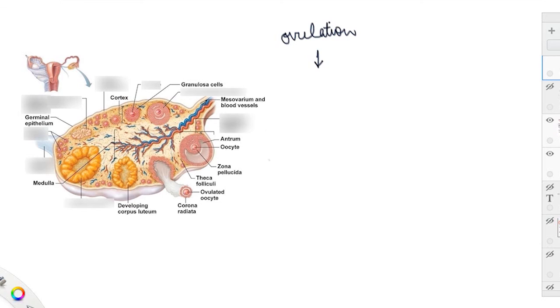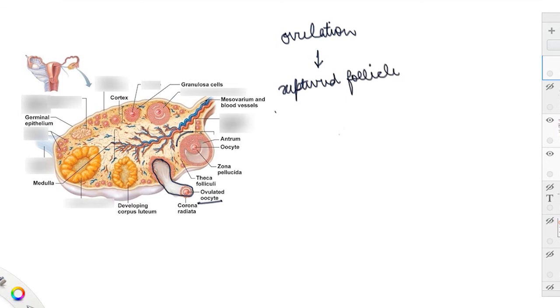After the ovulation, the ruptured follicle, the Graafian follicle which we have discussed, has led to the release of this oocyte. You can clearly see from the figure that this ovulated oocyte has been released. Now the Graafian follicle has ruptured. This happens after the release of the oocyte.